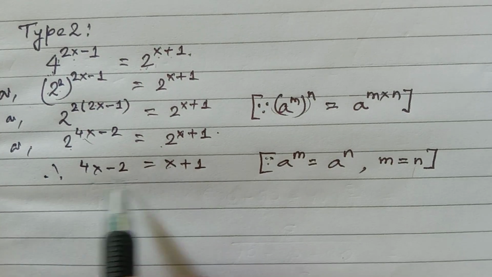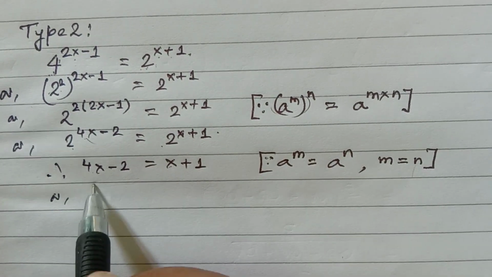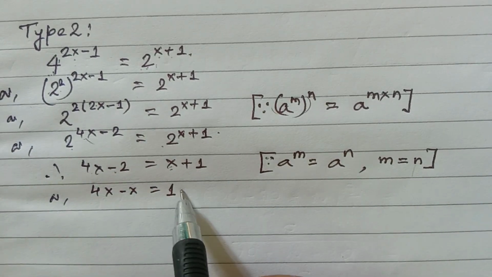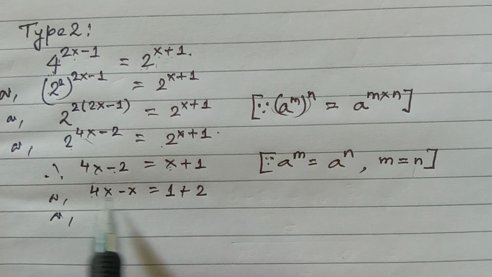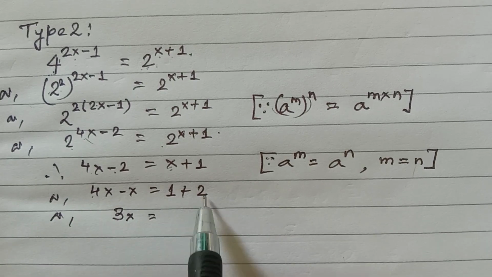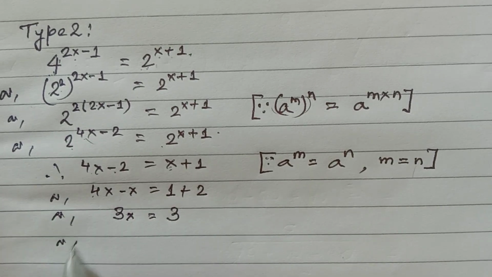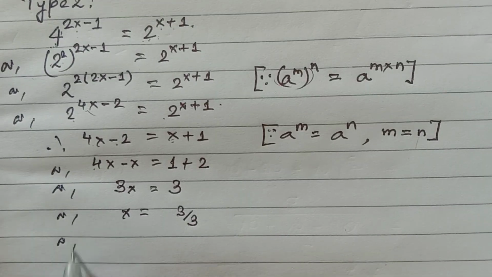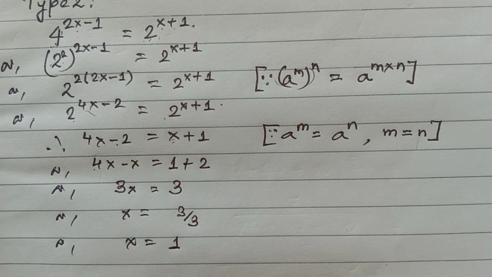Now let's solve it: 4x minus x equal to 1 plus 2, or 3x equal to 3, so x is equal to 3 divided by 3, and x is equal to 1.